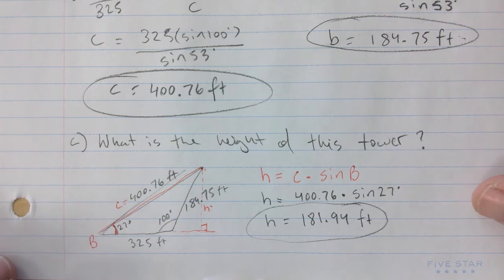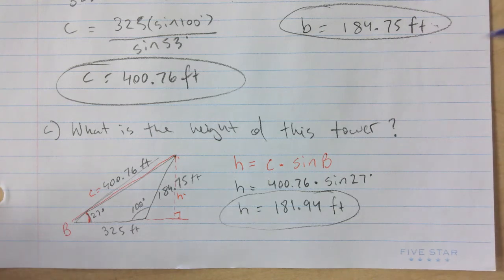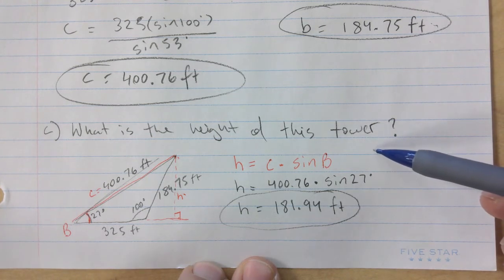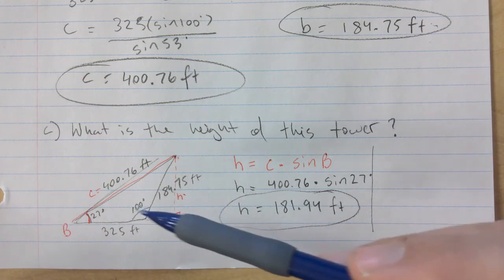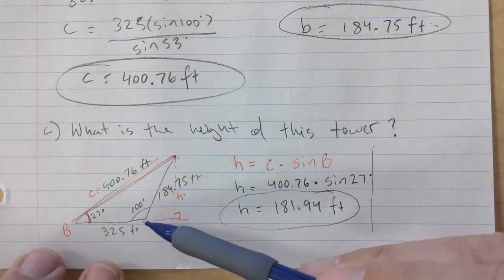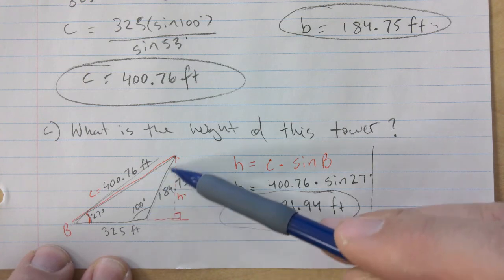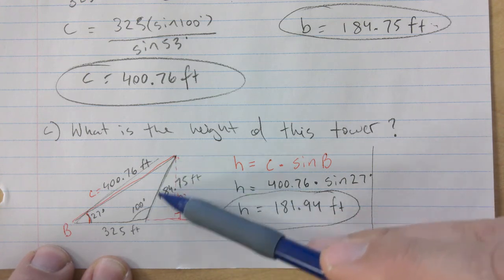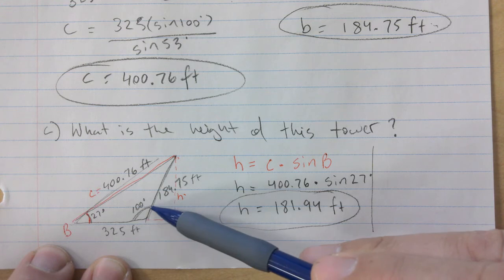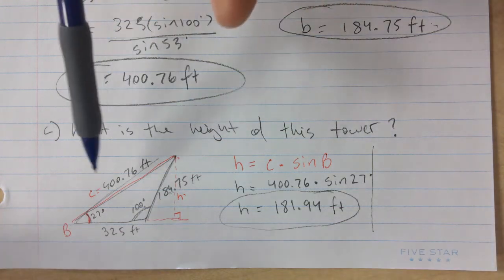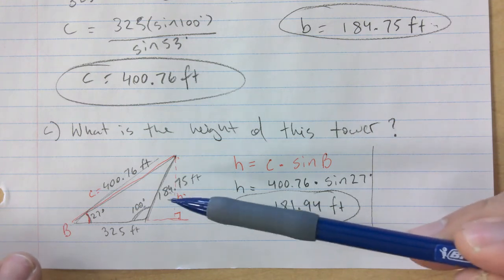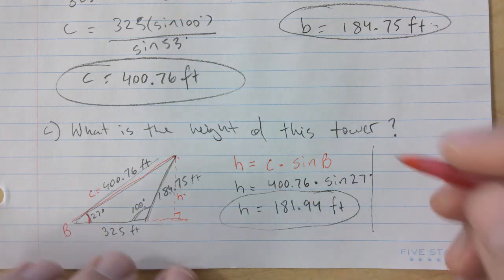But I also want to show you something else that's pretty cool. Another thing you could do, if you're coming from this side of the triangle, you could take this side and multiply it by the adjacent angle coming from this side. So 184 times sine of 100 would give you the same height. So you can come from this side of the triangle or from this side, it doesn't matter, it works the same.